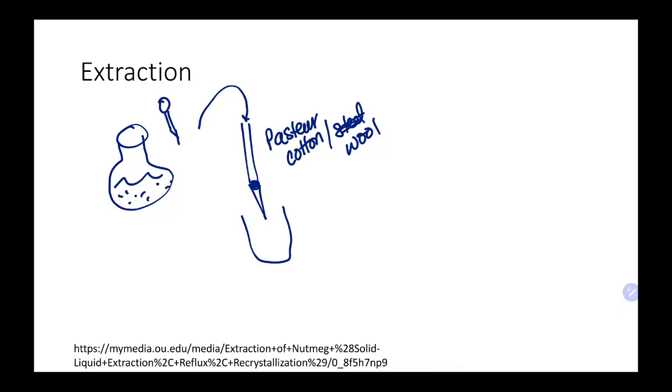But your sample is still not pure. There will be a few things in your sample that are not going to be easy to remove just from filtering, because they're also dissolved. So as such, what you're going to need to do is filter, get your material, and then you're going to evaporate off the solvent.